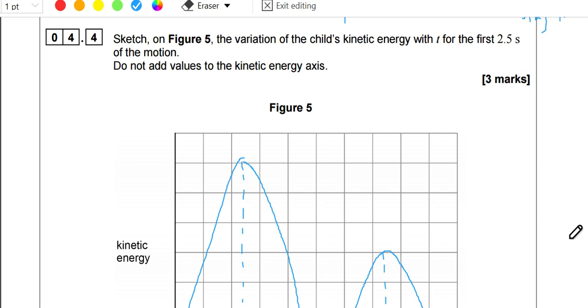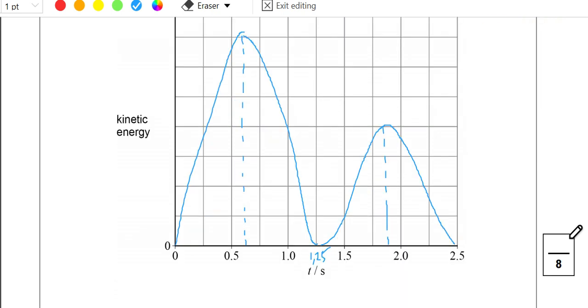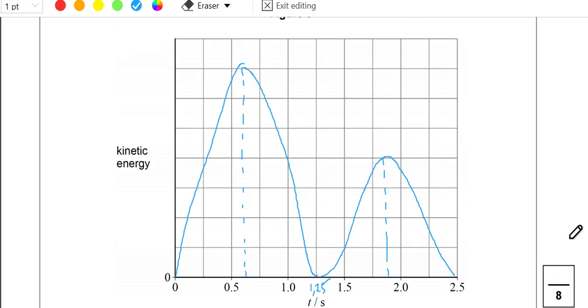To draw kinetic energy versus time for this oscillation, let me draw once again the shape of the oscillation. It was like this, H versus time.